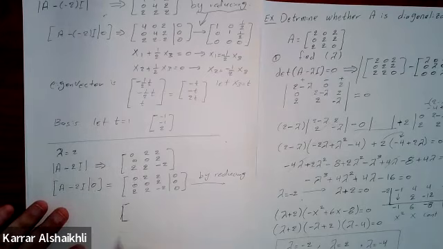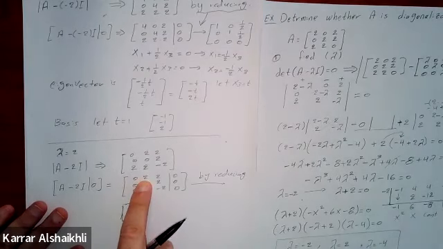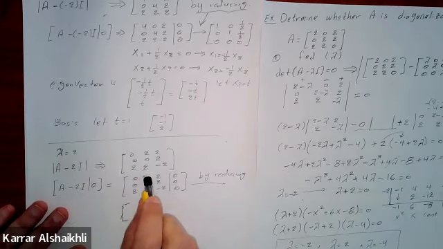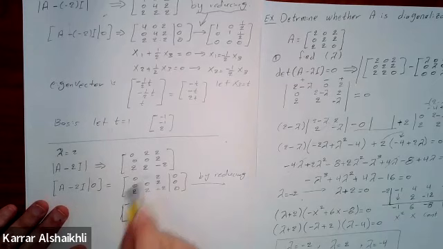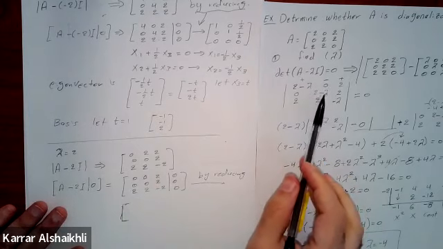Yeah. But shouldn't it be 0, 0, 2 for the first row, and the second row? Oh yeah, this one 0. Yeah, the first one, the second one, definitely. Yeah, because here is already 0. And this one, 2 minus 2 is going to be 0.